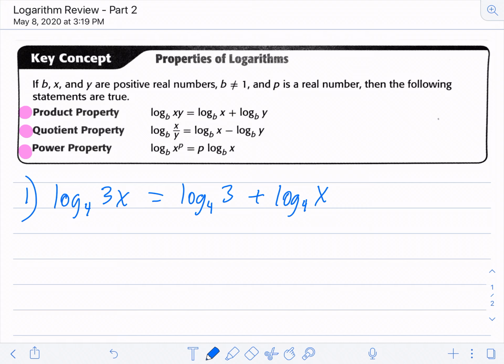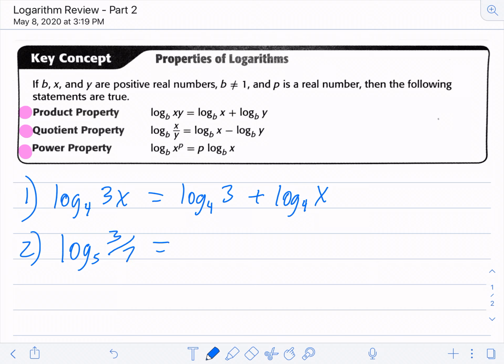The quotient property says if I have log base b of some number divided by another number, well, then that's going to be broken up into two logarithms that are subtracted from one another. Let me give you a sample for that one. So let's say I've got log base 5 of 3/7.